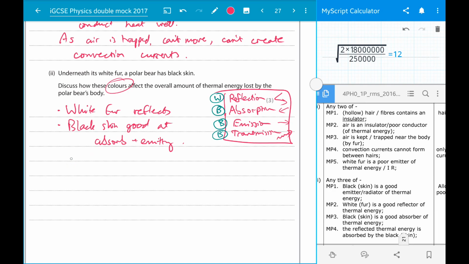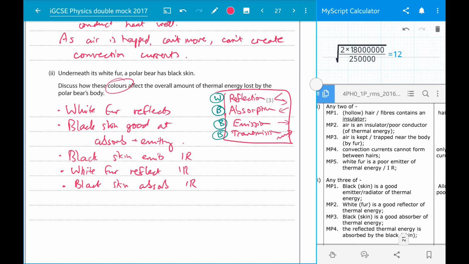So you could say that the black skin emits infrared heat or thermal radiation. The white fur, which is above the black skin, then can reflect that infrared radiation back towards the polar bear. And then the black skin will then reabsorb it.